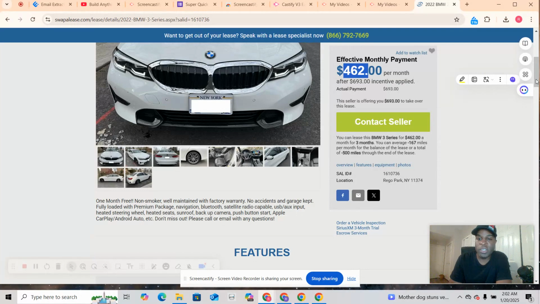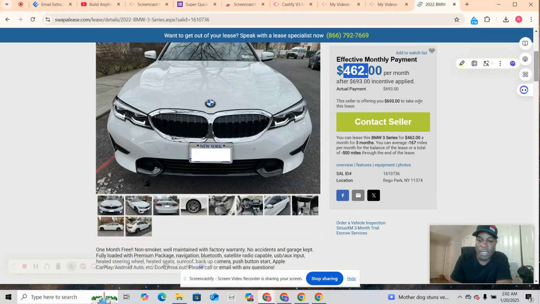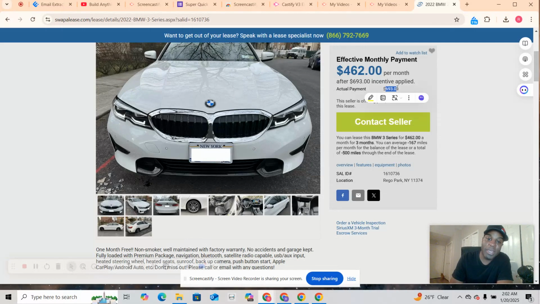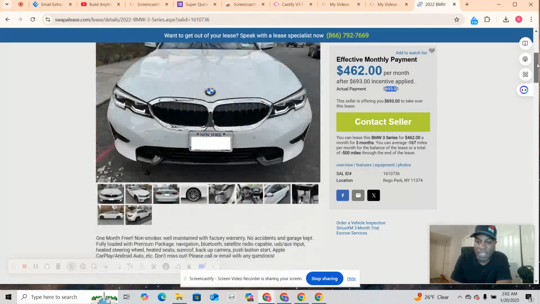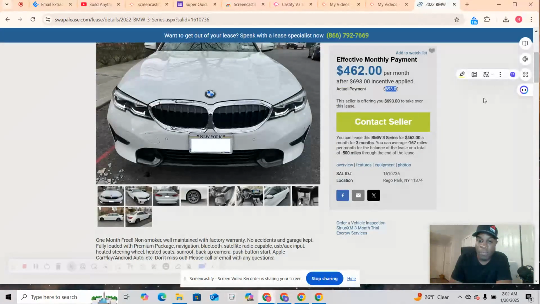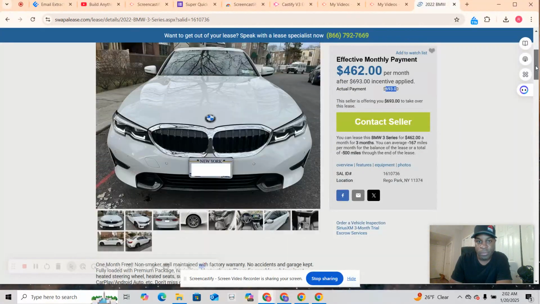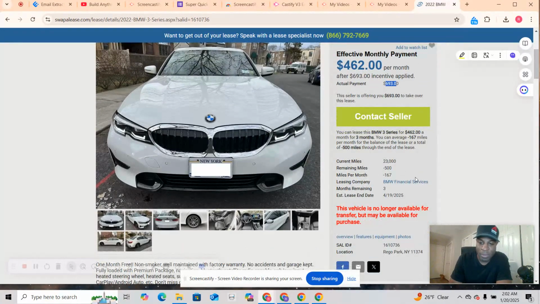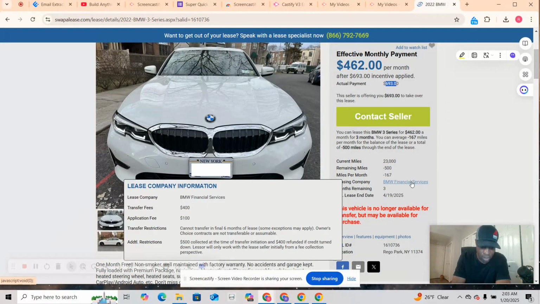So how it works is you take over the lease, you get an incentive, you contact the seller, and the seller will put you in contact with BMW Financial Services. You contact them, and there's a $100 application fee.